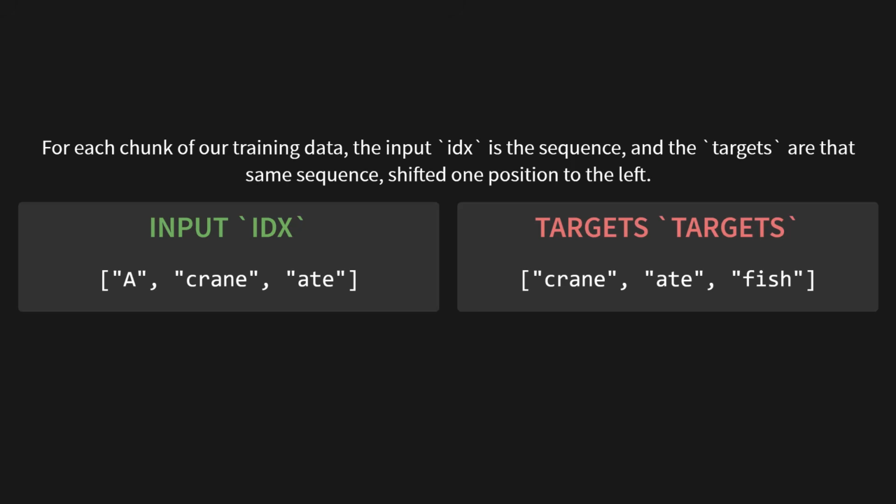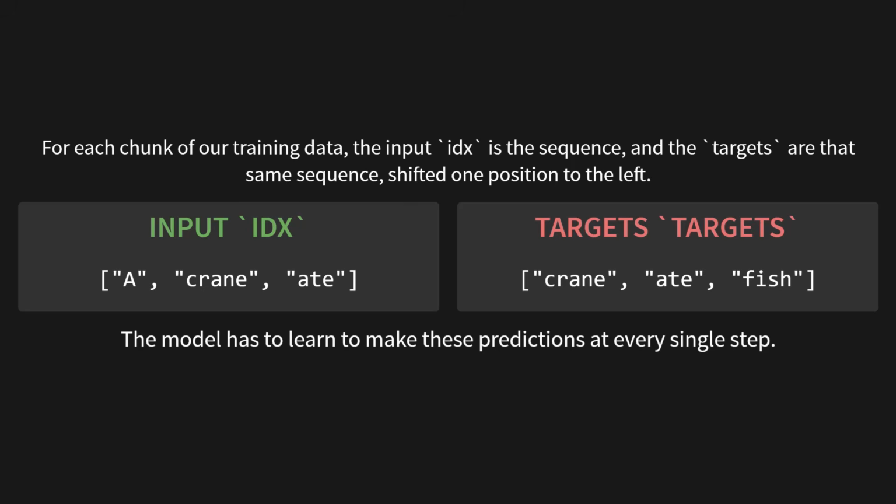Look at this example. If the input idx is "a crane eats", the targets are "crane eats fish". The model has to learn to make these predictions at every single step in the sequence.